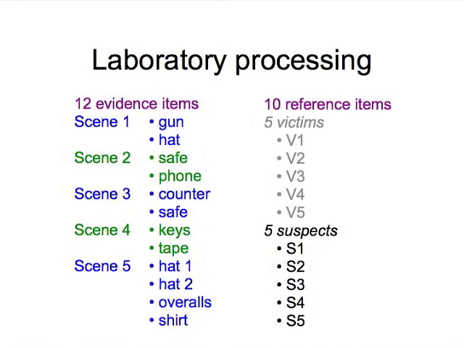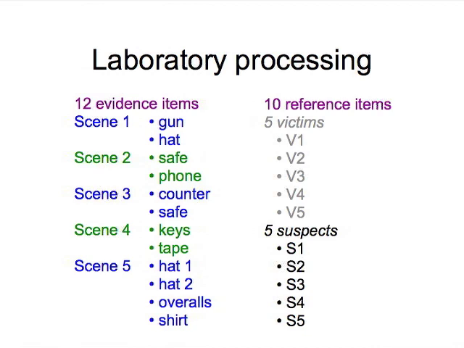This is what the laboratory processed. They had 12 evidence items from 5 different crime scenes. We had gone through the locations of those before. Again, the hat, the gun, the safe, the phone, and so on. So they did the STR work in the laboratory, and the data that they generated were almost entirely 3- and 4-person mixtures that had very low quantities of DNA.